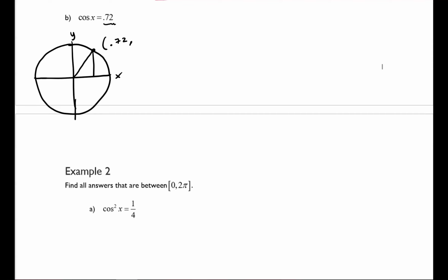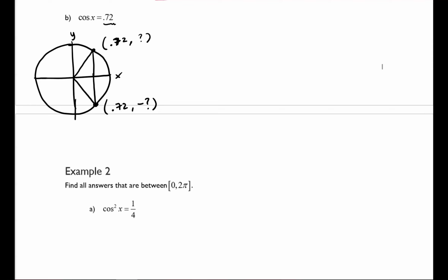I'm just going to put question mark. We don't really care what that y coordinate is. We just care that the x coordinate is 0.72 since x corresponds to cosine. And then there is also some angle in quadrant 4 where the x coordinate is 0.72 as well, and then this is going to be negative question mark. Whatever question mark is, again, we don't really care about what the question mark is.